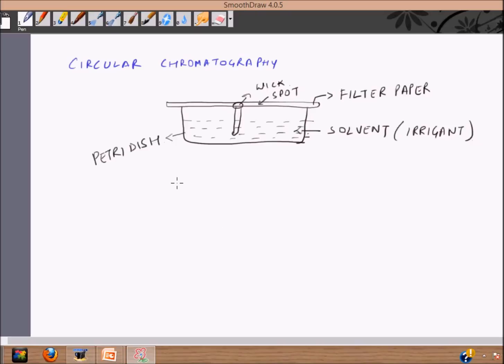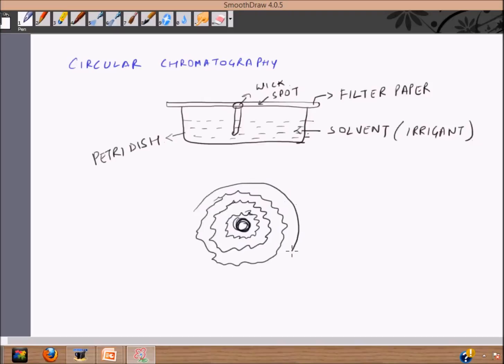If we see this circular filter paper from top to bottom, we can get a picture like this. Here is the hole. These are the circular rings. This is the view from top to bottom. We have here the concentric rings of solute moving outwards.